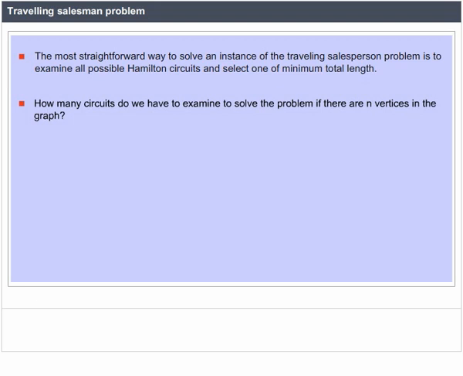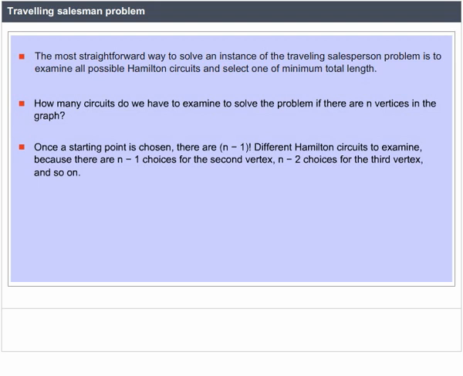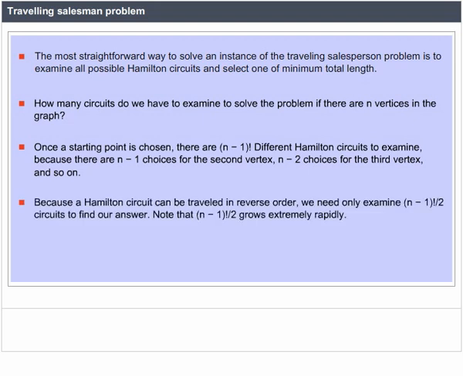Once a starting point is chosen, there are (n-1)! different Hamilton circuits to examine, because there are n-1 choices for the second vertex, n-2 choices for the third vertex, and so on. Because a Hamilton circuit can be traveled in reverse order, we need only examine (n-1)!/2 circuits to find our answer. Note that (n-1)!/2 grows extremely rapidly.